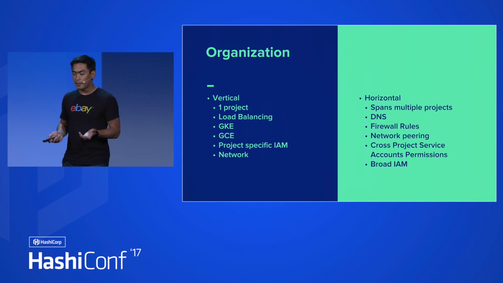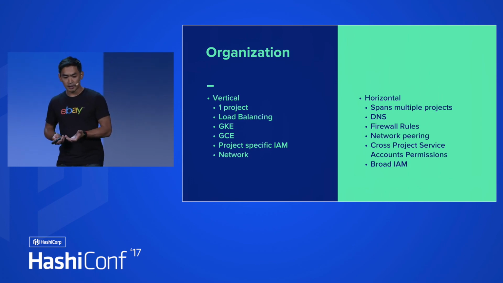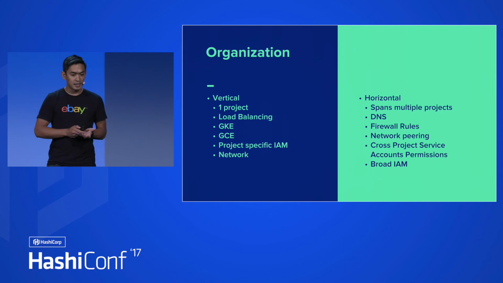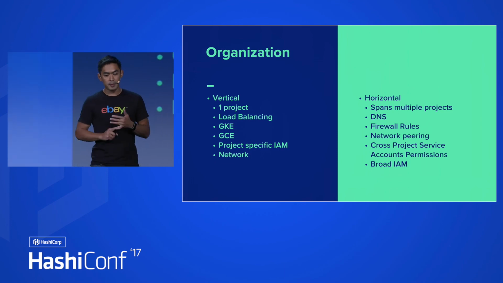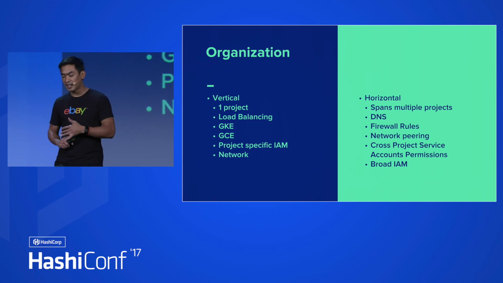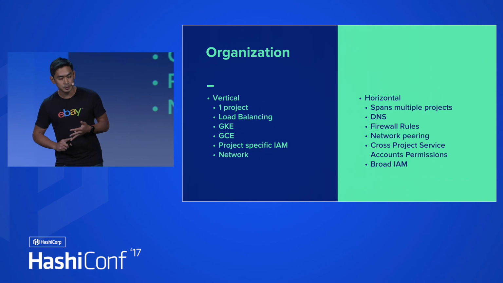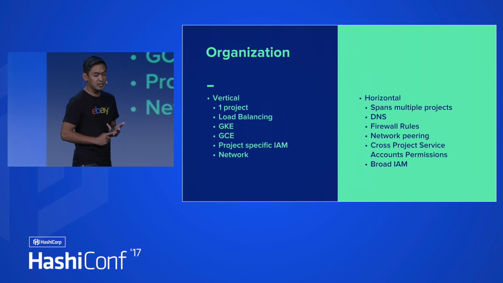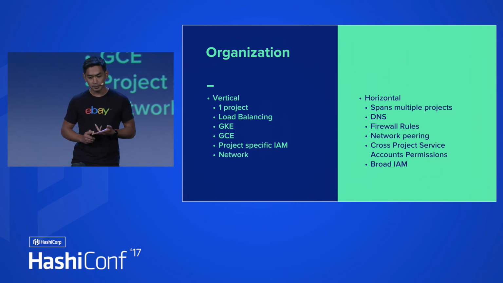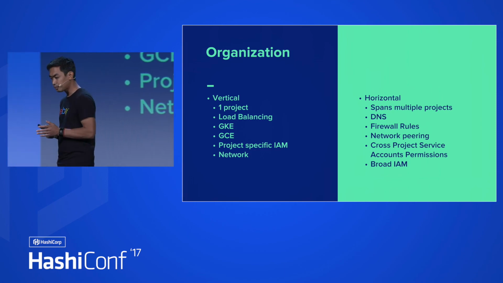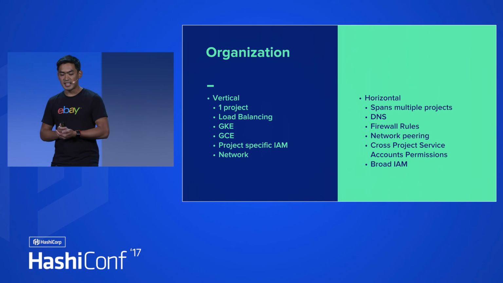So the way that we've been organizing all of our modules is in two ways. Vertically, per project, so you could manage load balancers, your GKE clusters, your GCE instance groups, and create some project-specific IAM policies, and also maintain your network, all within one project. But we also had the need to span multiple projects.